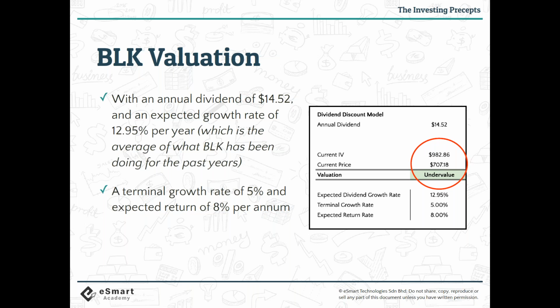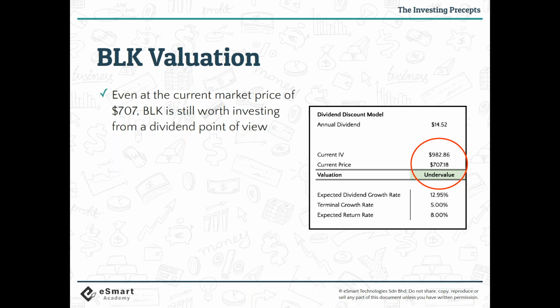For me, I put 5%, and my expected annual return on this investment is 8%. With all these metrics, that's where it's calculated. With the current market price of $700, the valuation model tells me it's still undervalued, at a discount, so it's still worth investing.